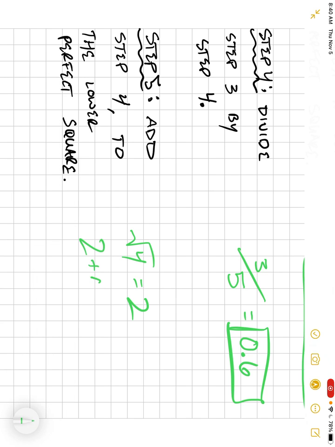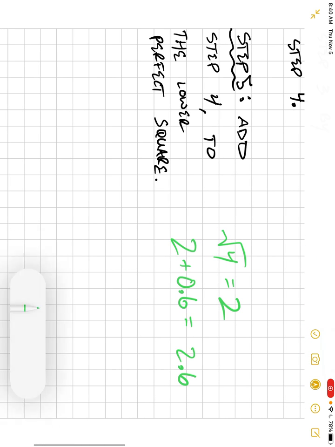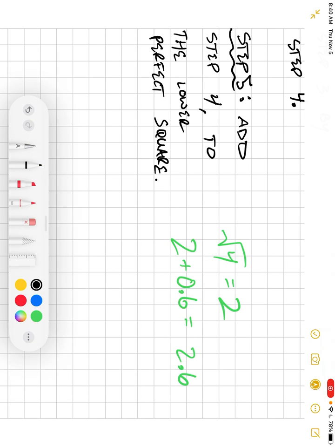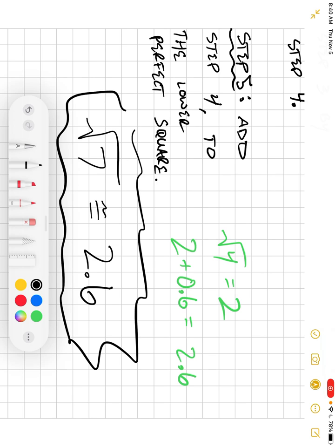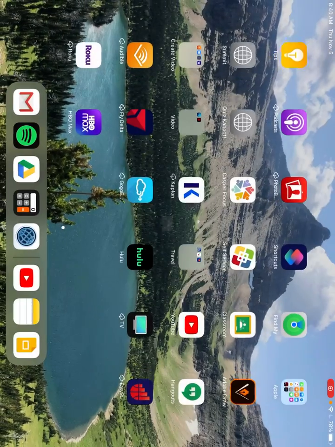So now 2 plus 0.6 is 2.6. And then we're done. So the idea is that the square root of 7 then is approximately equal to 2.6. Okay, approximately. And so then we can use a calculator to check our work here.